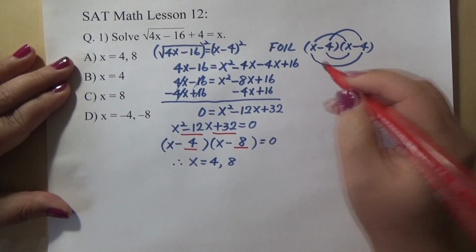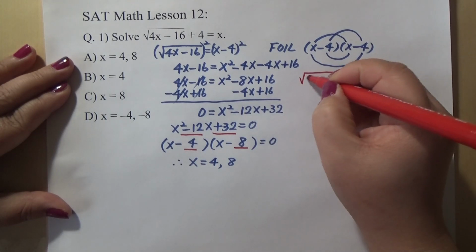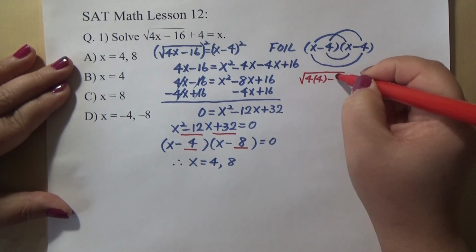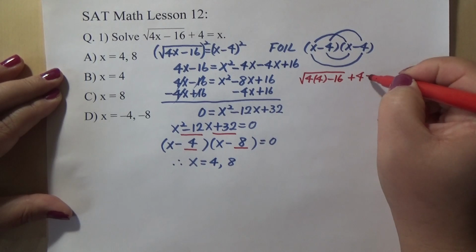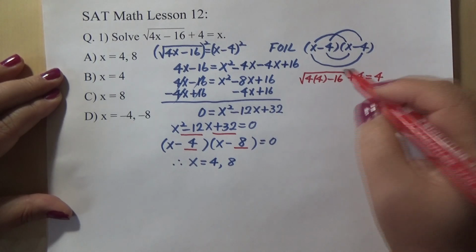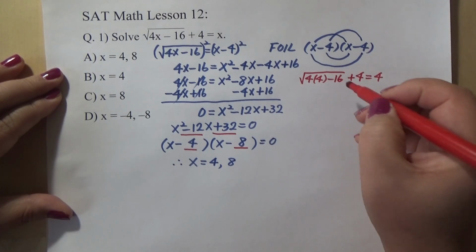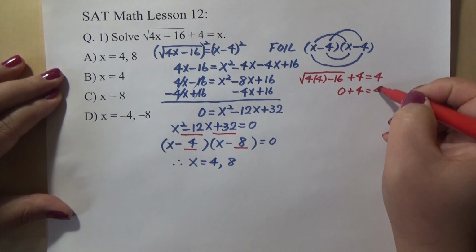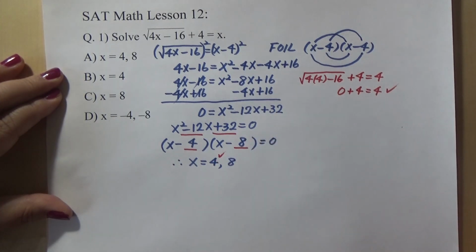So let's try here, and square root of 4 times 4 minus 16 plus 4 is equal to 4. So 4 times 4 is 16. 16 minus 16 is 0. So 0 plus 4 is equal to 4. This is true. So 4 is the answer.